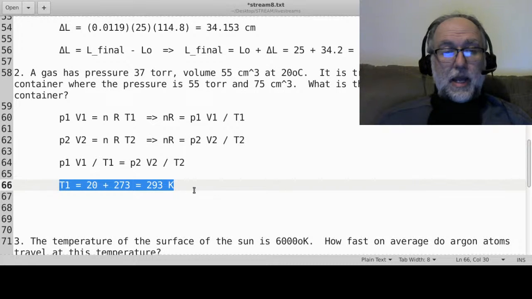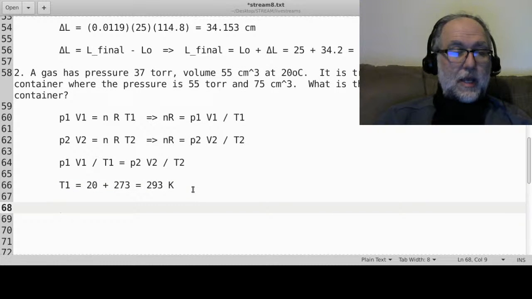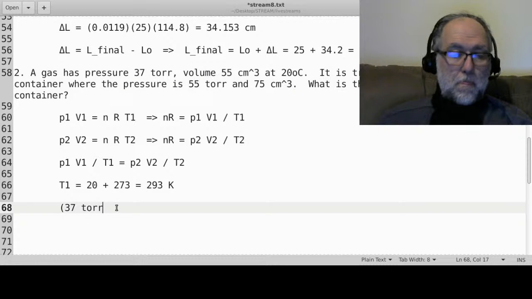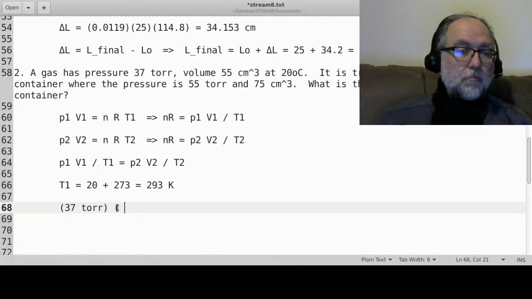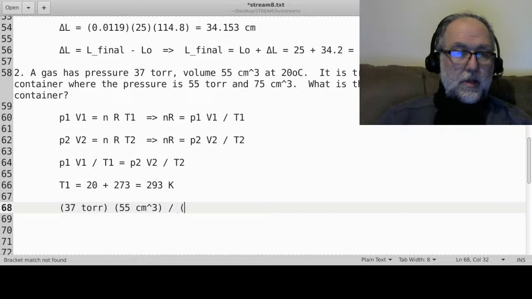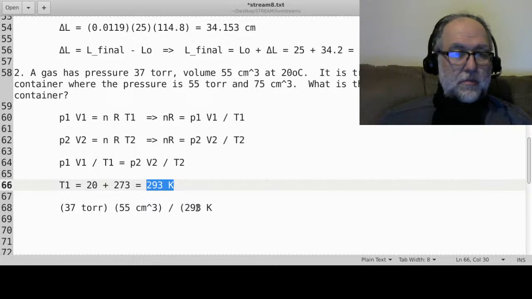Now we're ready to plug in, and I'll put in the units just to show you that they work out. For P1, that's 33 torr. For V1, that is 55 cubic centimeters. And for T1, I have 293 Kelvin.